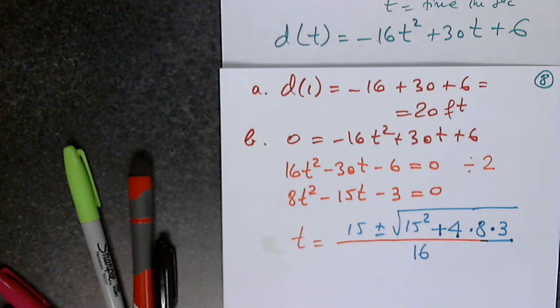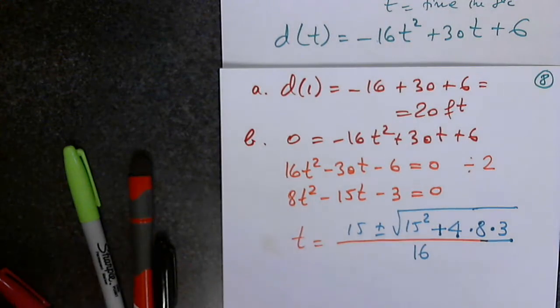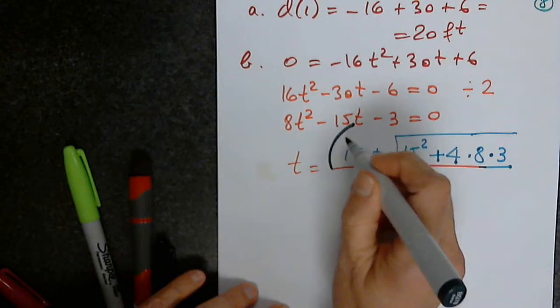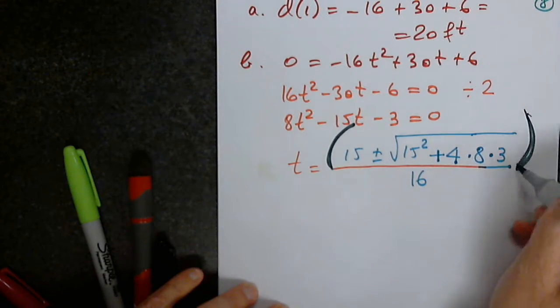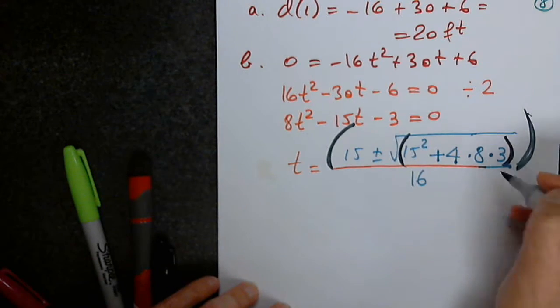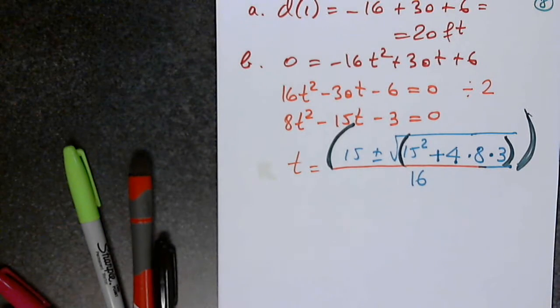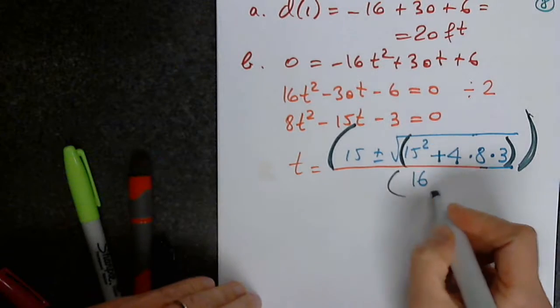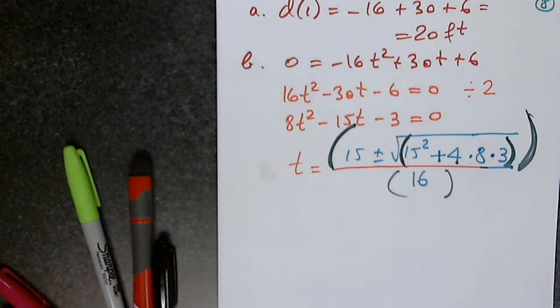Before we do this, I want to remind you that the graphing calculator doesn't know what you want to do. So you have to tell the graphing calculator that you need parentheses, and you will put parentheses around the numerator, and you will also put parentheses inside so it knows where to end the radical. Now if I had 16 plus something, I would have done the same thing with the denominator. But it's only one term, so we can get away without parentheses around 16.